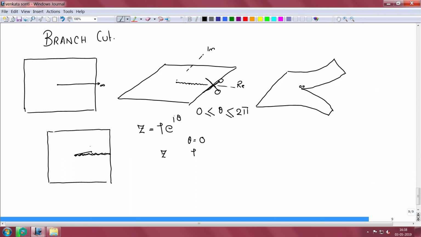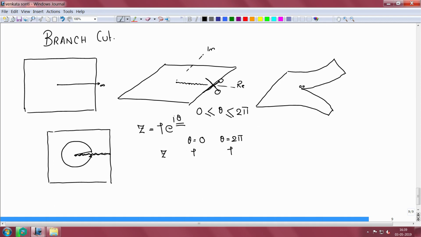When theta is equal to twice pi, again my z is equal to rho. Okay. So, I have gone around once.